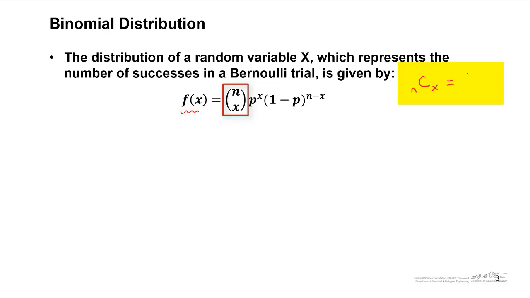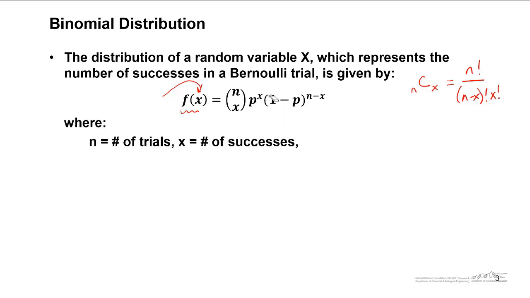And we all know that that's equal to n factorial divided by n minus x factorial times x factorial. We multiply by p, the probability of success, raised to the x. X in here is the number of successes; you're trying to calculate the probability of getting exactly x successes. And then we multiply by 1 minus p raised to the n minus x.